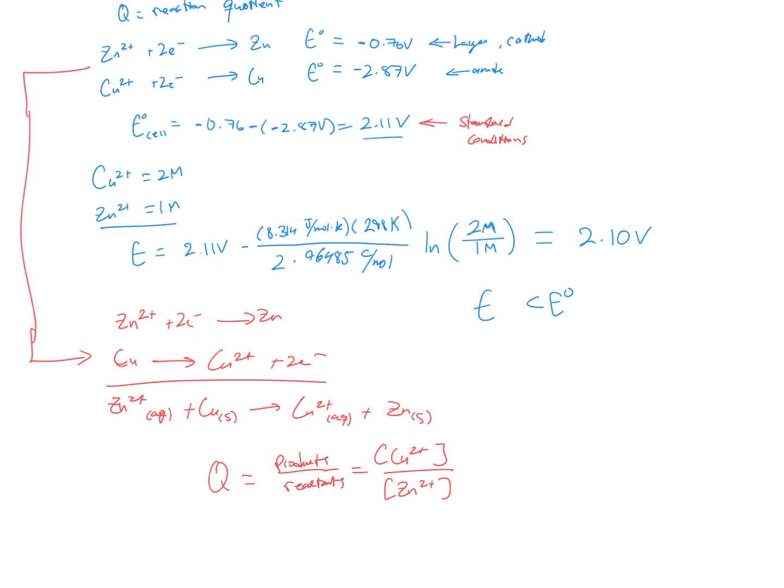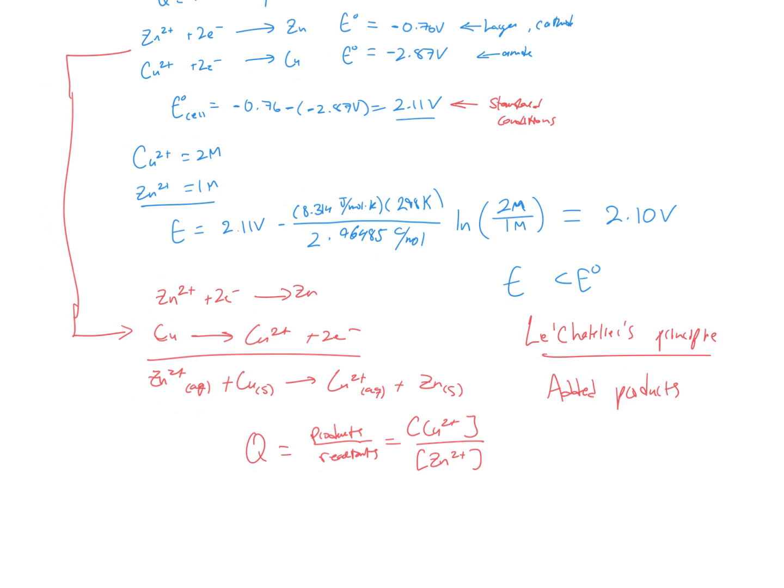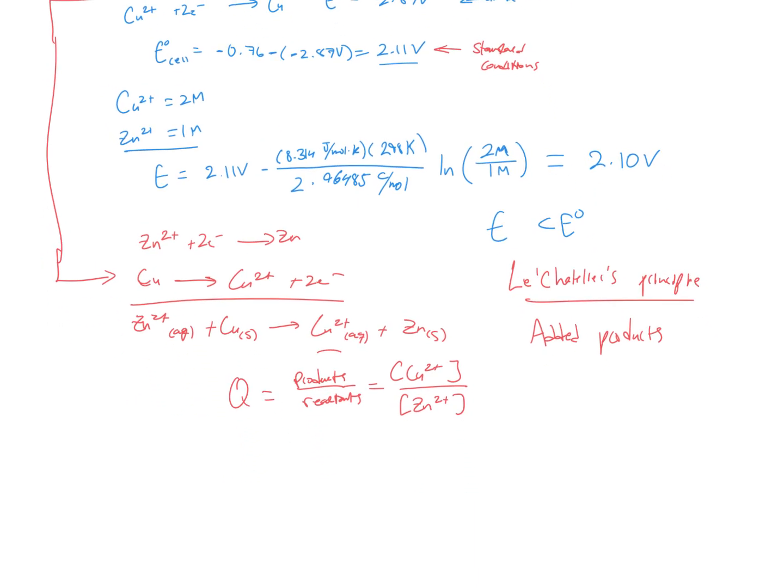If we think about this in the context of Le Chatelier's principle, what I did is I added products, right? Because my copper 2+ was higher, and my copper 2+ is in the products, as we see right here.